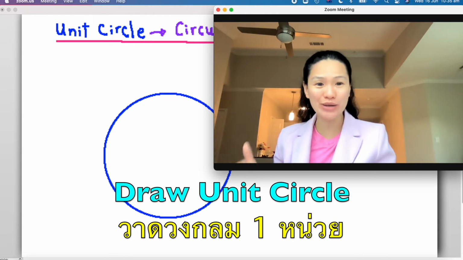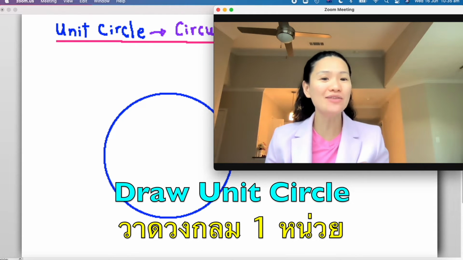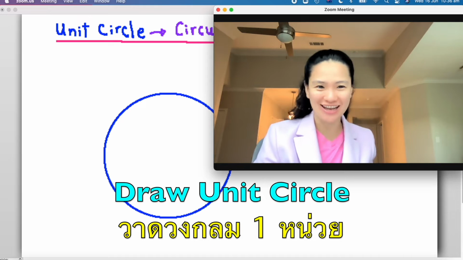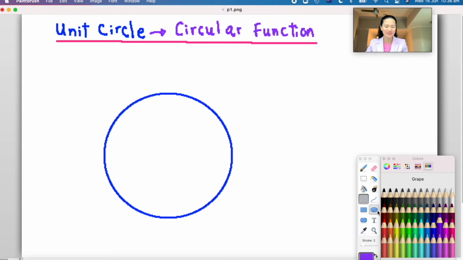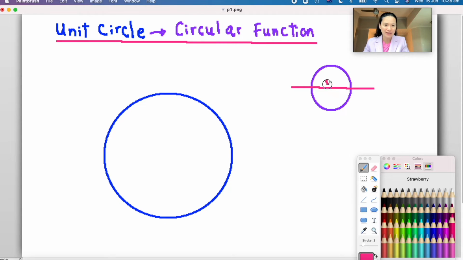Okay guys, from here I have the unit circle and we're going to go through everything together step by step. The first step, you need to know that in one circle, I'm going to write down here super quick, half of the circle is 180. Does it make sense? 180 degrees here.